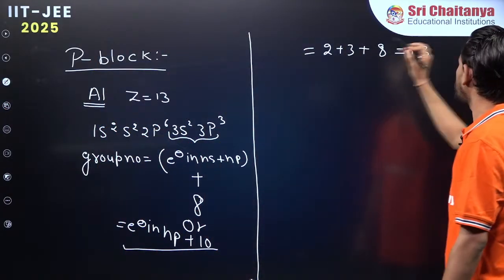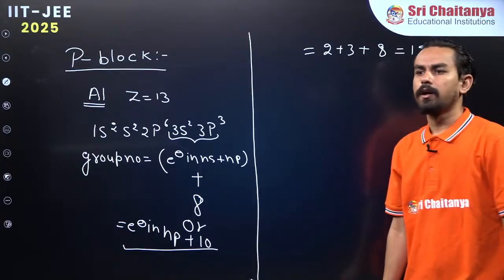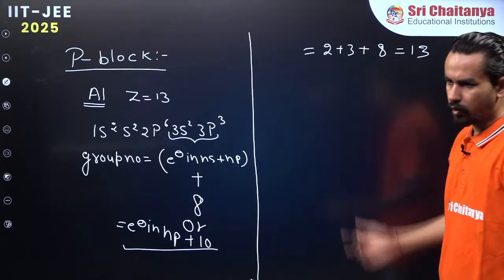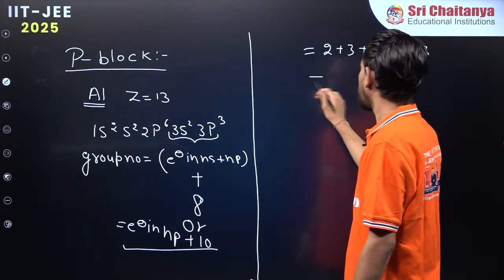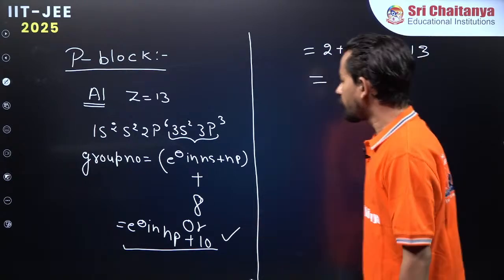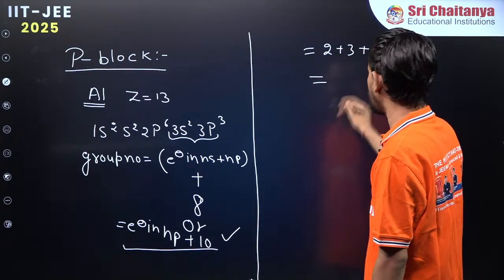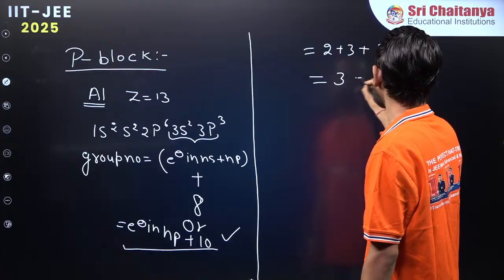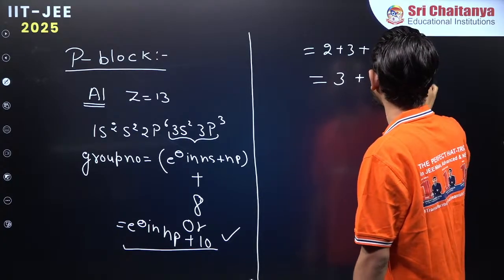That is 13 group. So aluminium belongs to 13 group. Everybody correct? And you can use this formula also: electrons in np plus 10. Electrons in np is 3, plus 10, that is also 13.